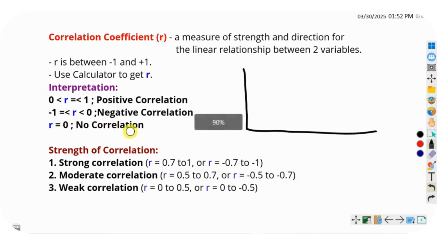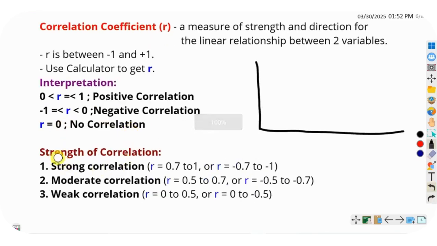Okay. So how do we now discuss the strength of the correlation? What data can have a strong correlation? For example, if you calculate R and the value of R is anywhere from 0.7 to 1, say 0.7, 0.85, 0.95, or 1, we call that a strong correlation.